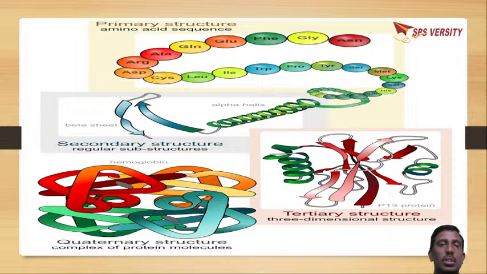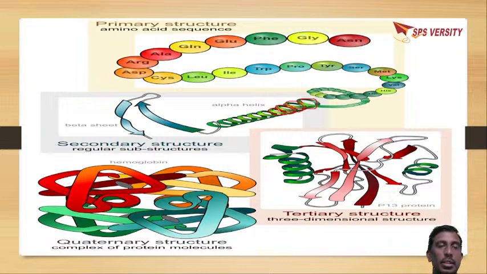So here what you are seeing is the primary structure, the amino acid sequence. These are different amino acids: alanine, glycine, phenylalanine, tryptophan, isoleucine, leucine, cysteine, asparagine. Here you can see the secondary structure, the spiral coiling, where the amino acid chain shows spiral coiling.